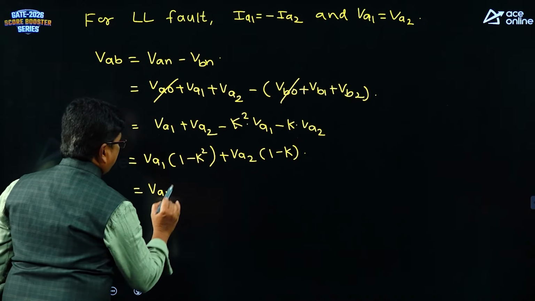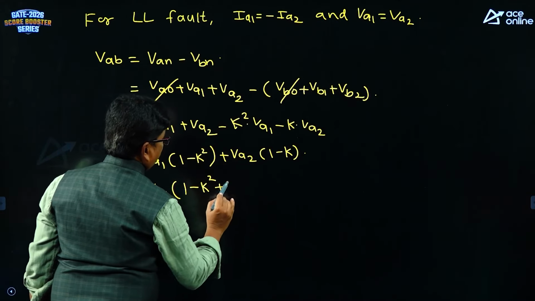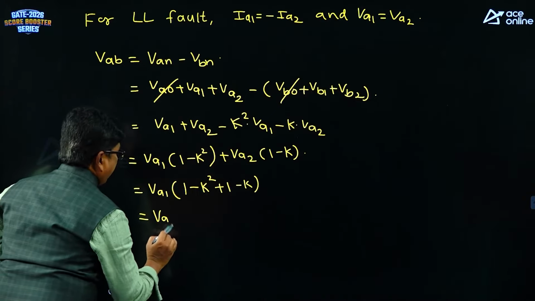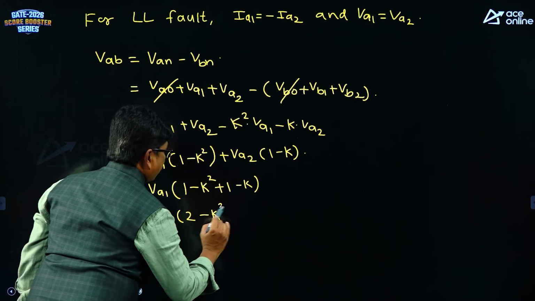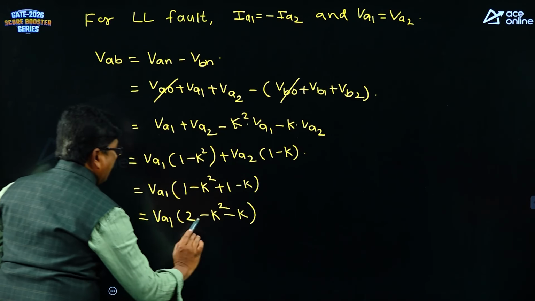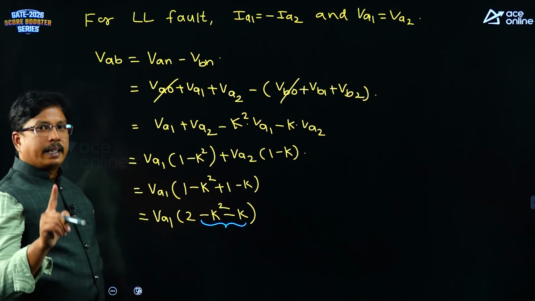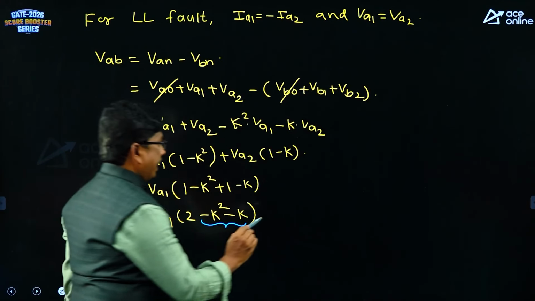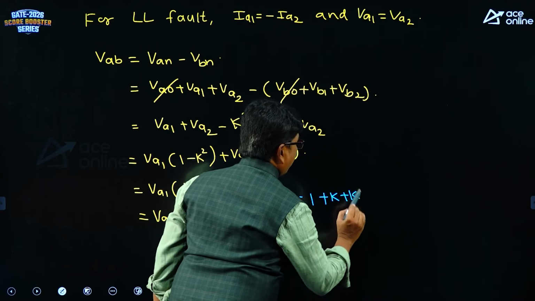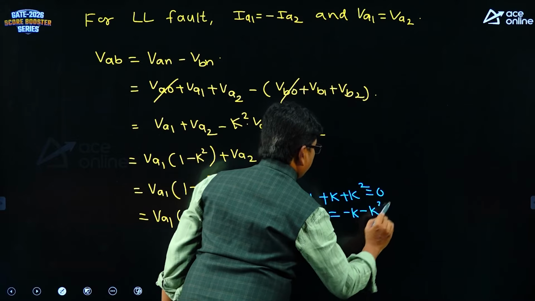take VA1 outside, it will be 1 minus K square plus 1 minus K. This will be VA1 into 2 minus K square minus K. Students, we know that 1 plus K plus K square is equivalent to 0, so 1 is equivalent to minus K minus K square.